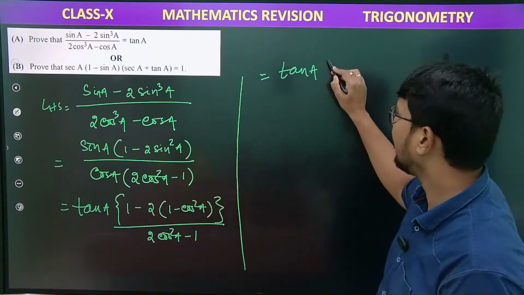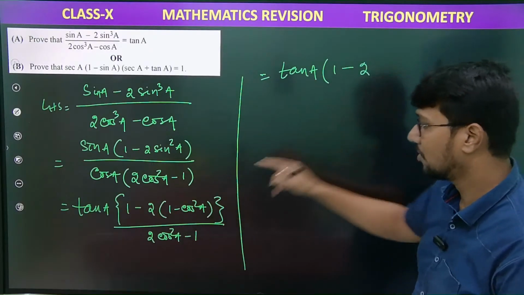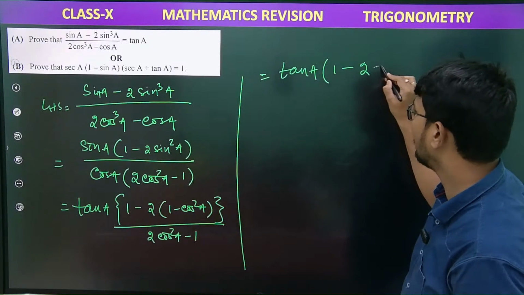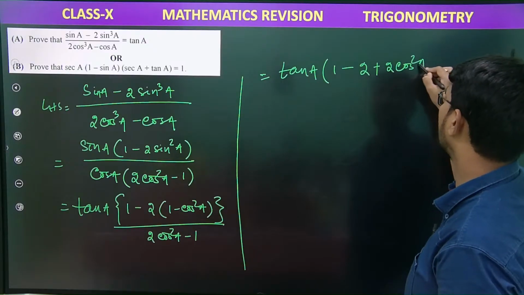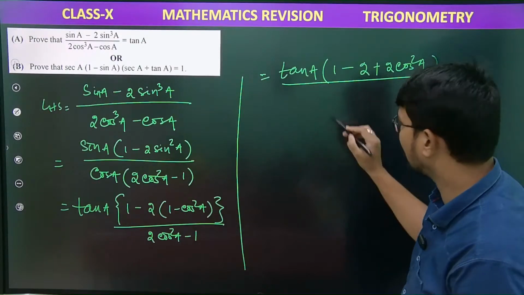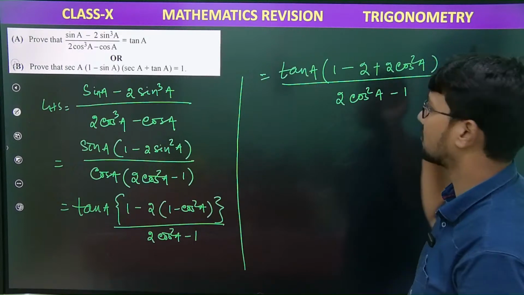So now tan A into 1 minus, 1 minus how much? 2 into 1. Minus into minus is plus. So that is 2 cos square A. Are you getting everyone? Okay. Now check, that is 2 cos square A minus 1.